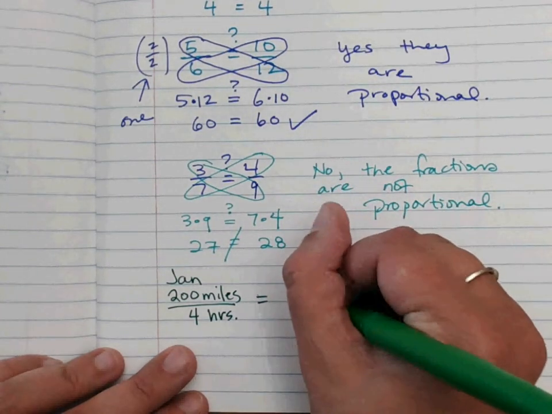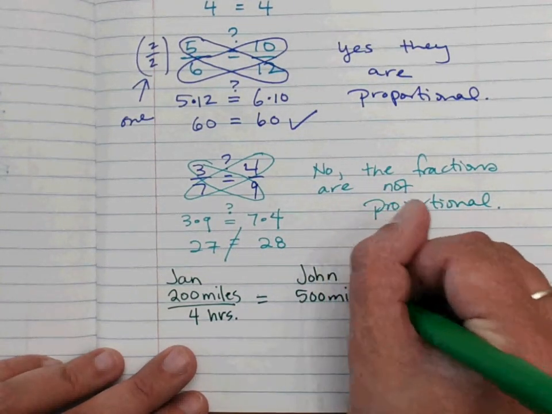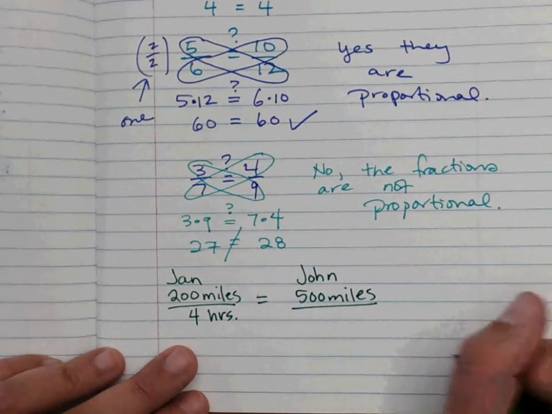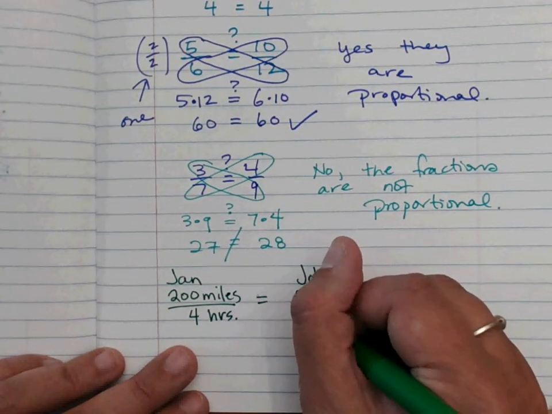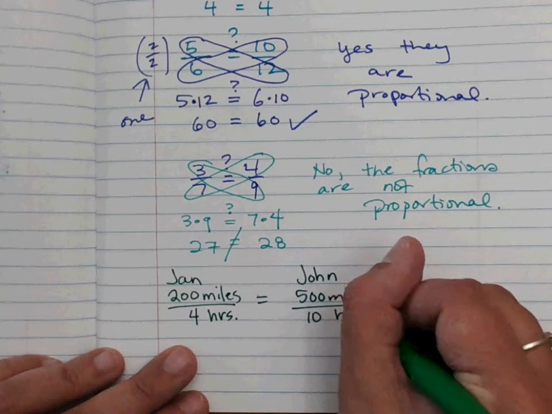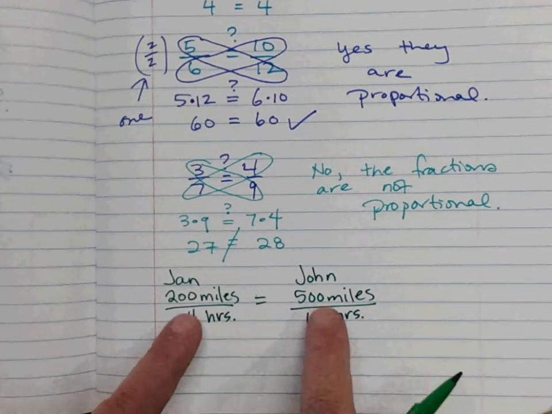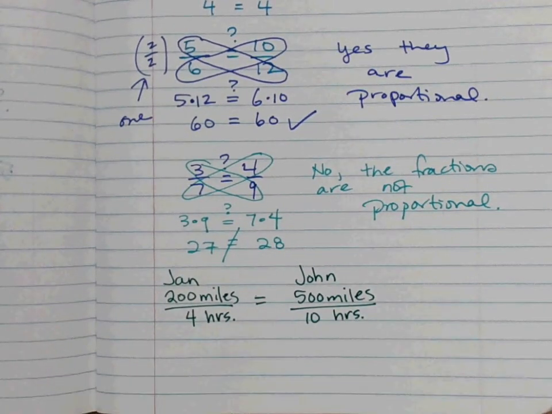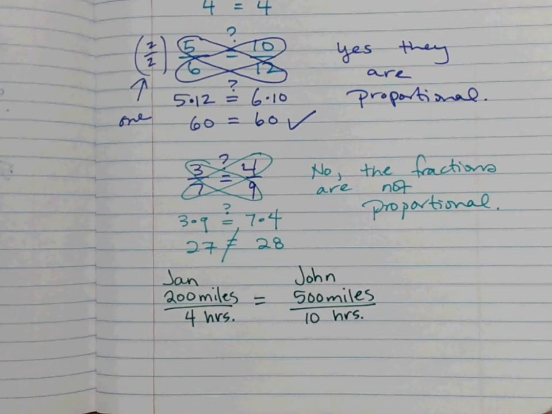And he drove 500 miles, doesn't matter where to, in, let's say, 10 hours. So we could reduce each fraction to a unit rate, if we wanted to figure out if they're equivalent, or we could also cross multiply.